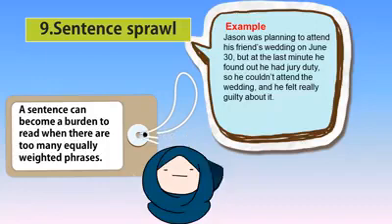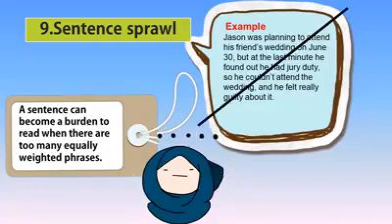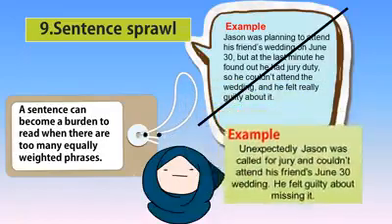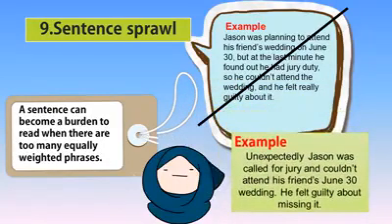You may write two long sentences, which is not necessary. So make it short and still the same meaning. Like, unexpectedly, Jason was called for jury duty and couldn't attend his friend's June 30 wedding. He felt guilty about missing it. This second example is short and equal in meaning.